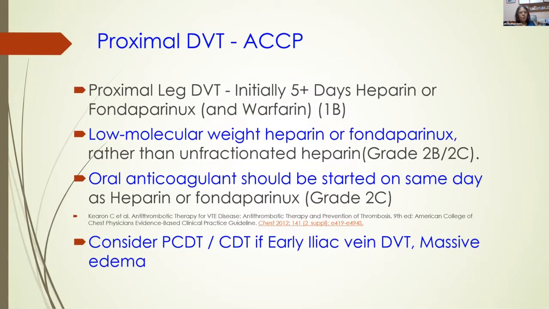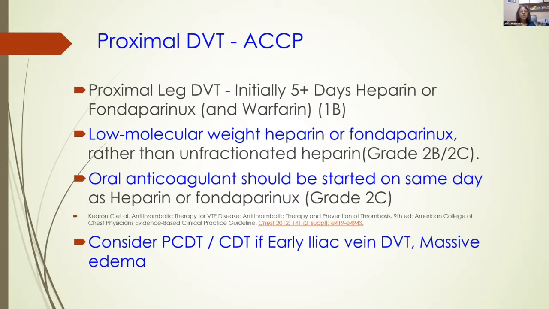Preferred is of course low molecular weight heparin or fondaparinux and not unfractionated heparin. Oral anticoagulant must be started on the same day as heparin or fondaparinux, and quite often we observe that there is a delay in starting the oral anticoagulant, which is not necessary.